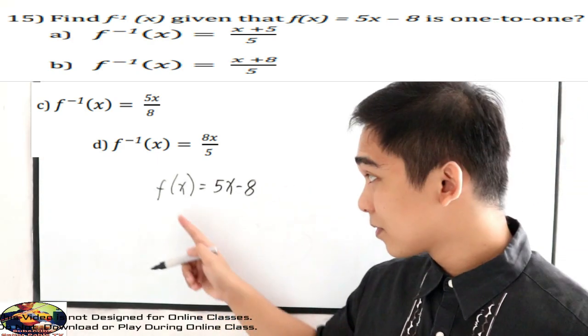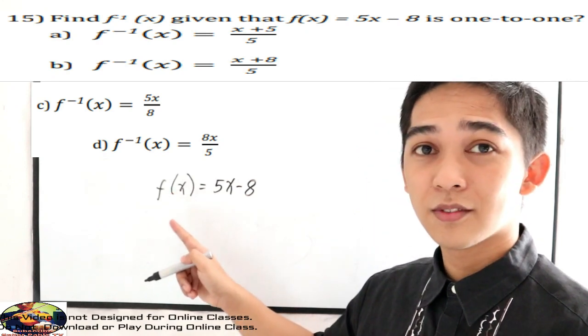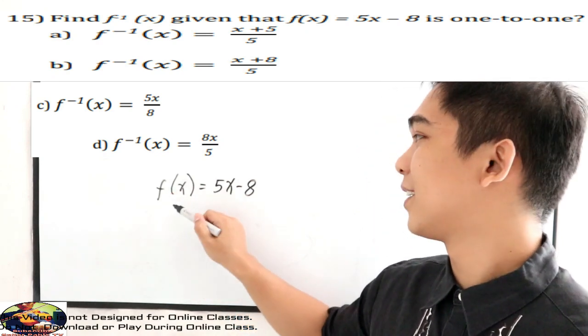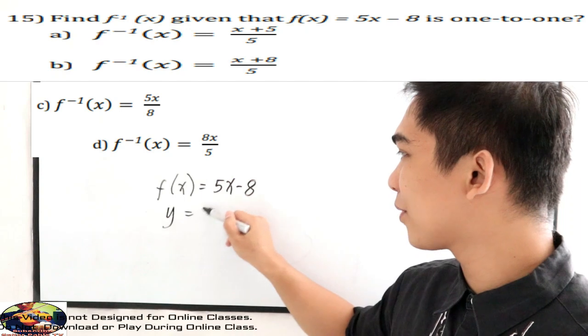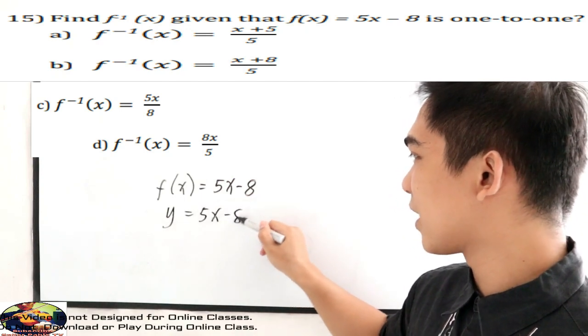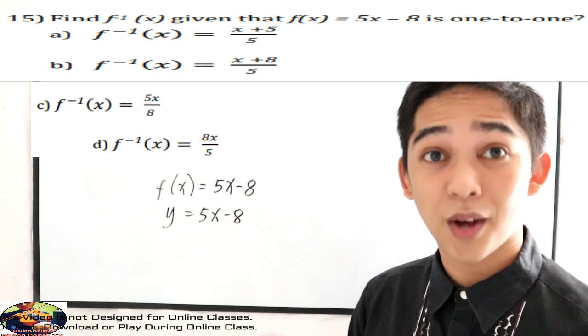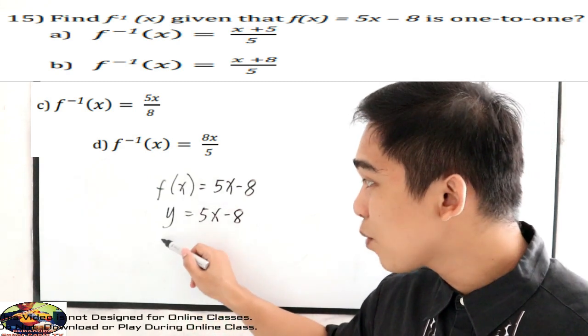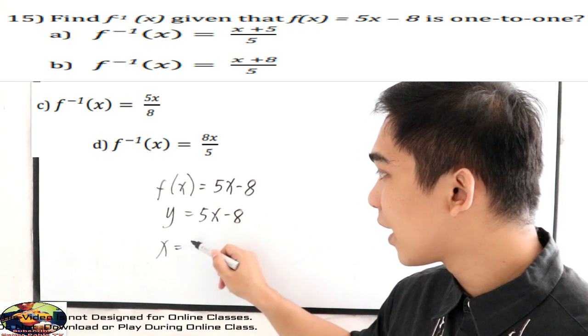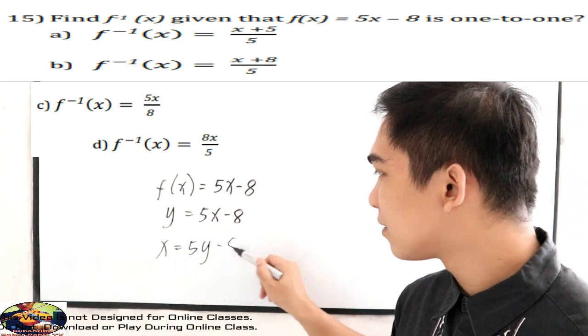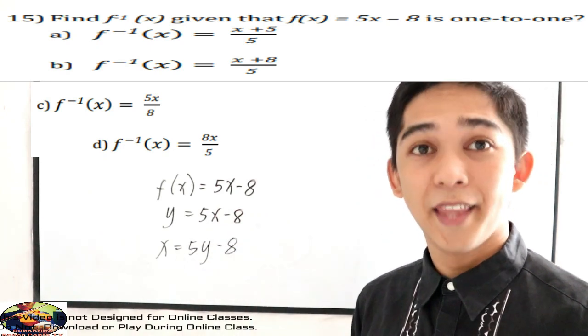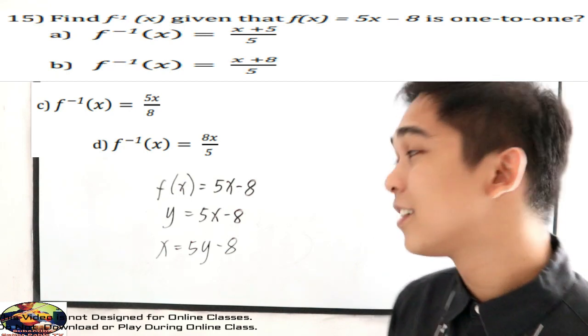First step, change f of x to y. So y is equal to 5x minus 8. And now, interchange x and y. So our y will become x, and our x will become y. And now, solve for y.